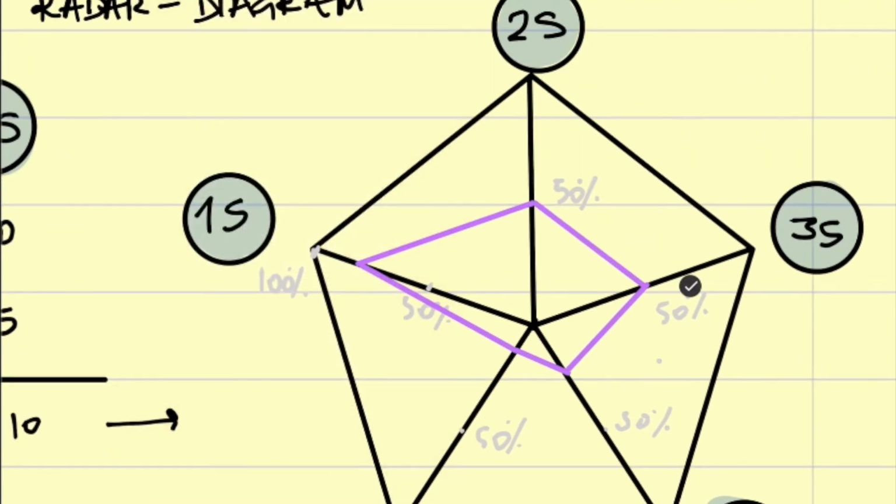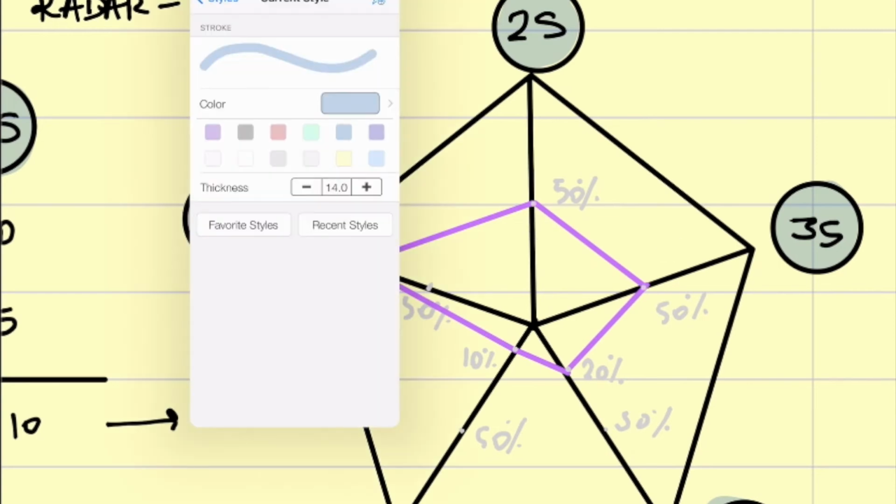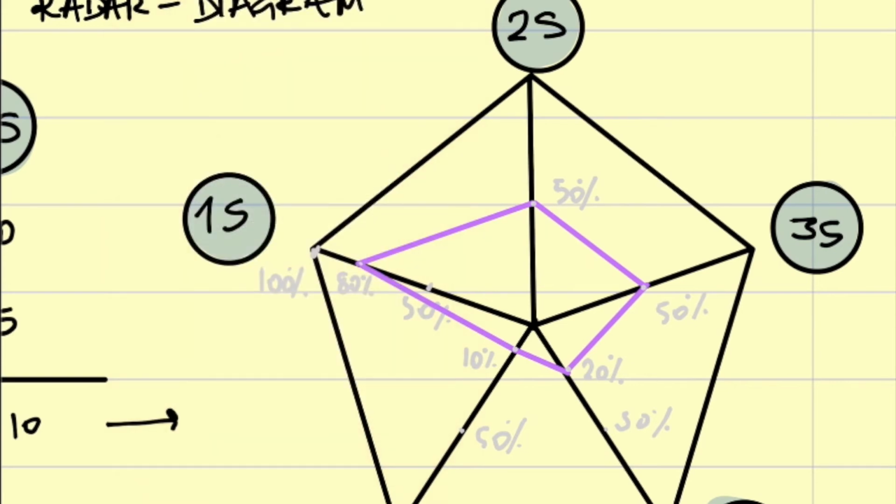Okay, so this we said was 20, this was 10, this was 80, 50, and 50. Okay, so you see the concept is quite straightforward, and I always like to put a shadow.